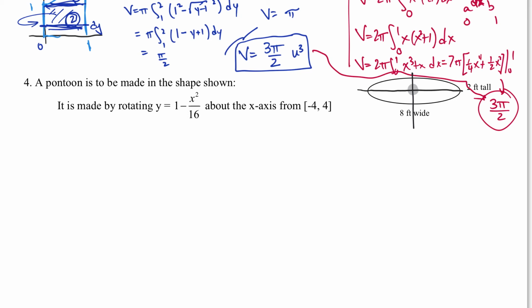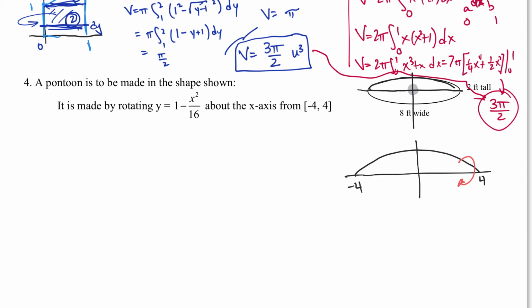Okay, and we are taking this top part right here, and I'll redraw it. We're taking that top part, and that's going from -4 to 4, right? And we're going to take this by rotating about the x-axis, so this piece is going in that direction.